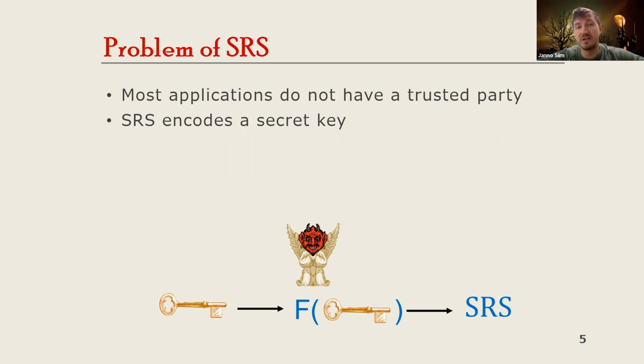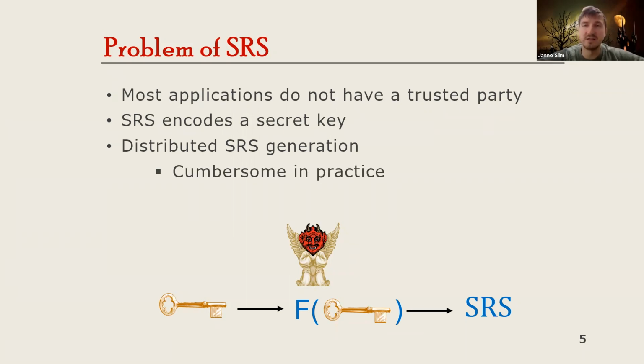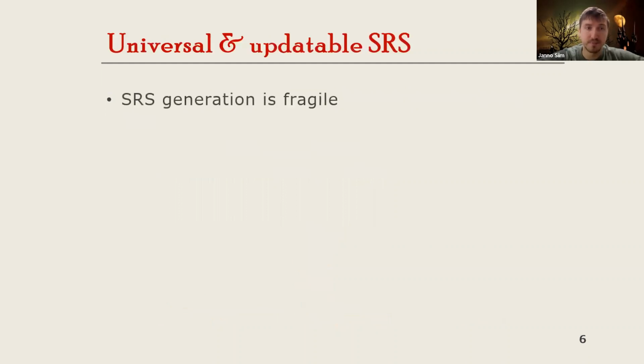However, if the trusted party is malicious, it's very easy to break the system by using the secret key. So ideally, you want some sort of distributed SRS generation, but this is quite cumbersome in practice. So SRS generation is quite fragile.